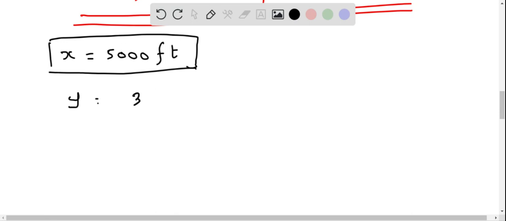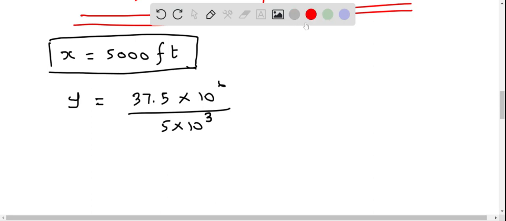So this is equal to 37.5 times 10 power 6, that is per million, divided by 5000. This I can write down as 5 times 10 power 3. Now we can do the cancellations. This 10 power 3 will get cancelled with 10 power 6 as 10 power 3 times, and 37.5 divided by 5 is equal to 7.5.